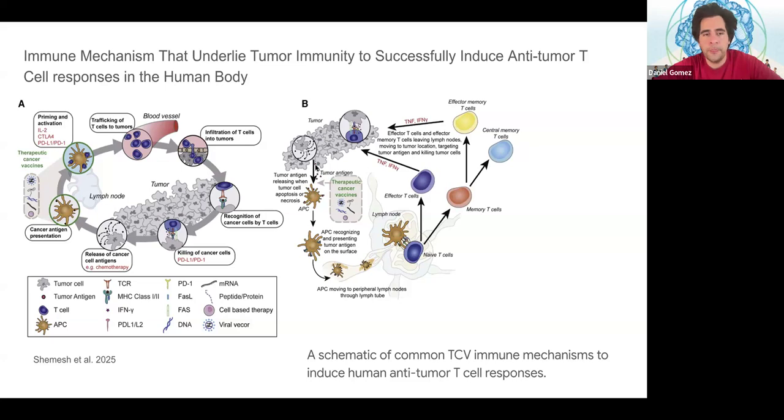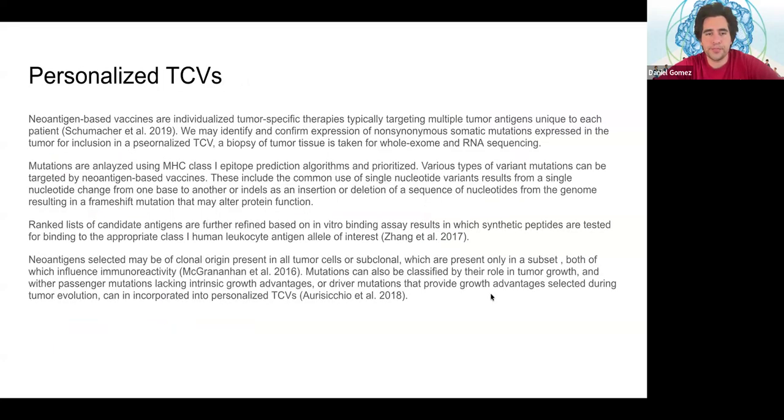I was able to show you from the lymph node that's distant from the tumor. So any lymph node can interact with the tumor to have a successful induced anti-tumor cell immune response in the human body.